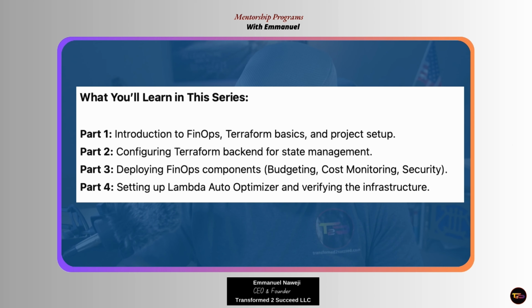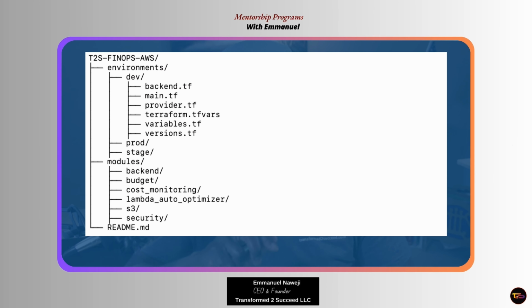So let's begin first by talking about our project infrastructure. The way we're going to structure this, we're going to have two major directories, which are kind of like our workspaces. The first one is going to be environments.